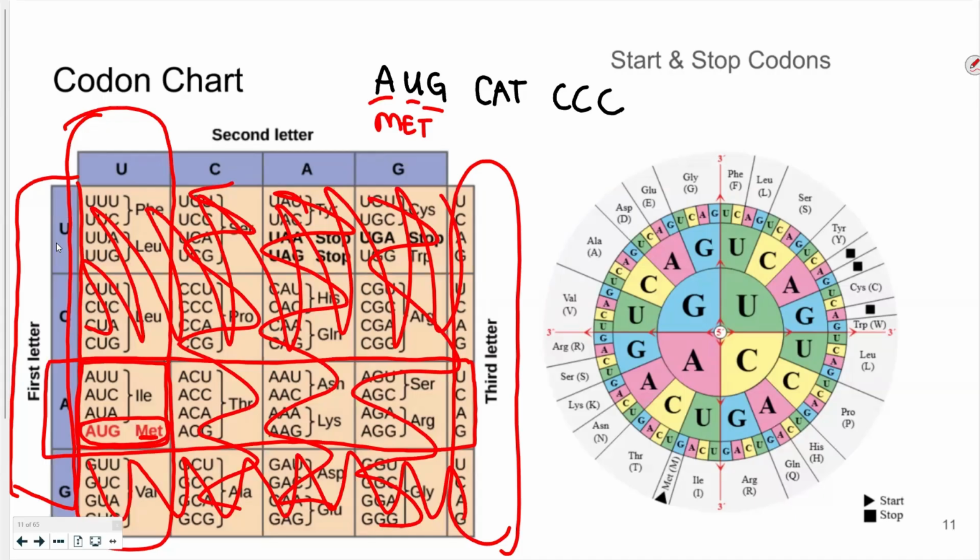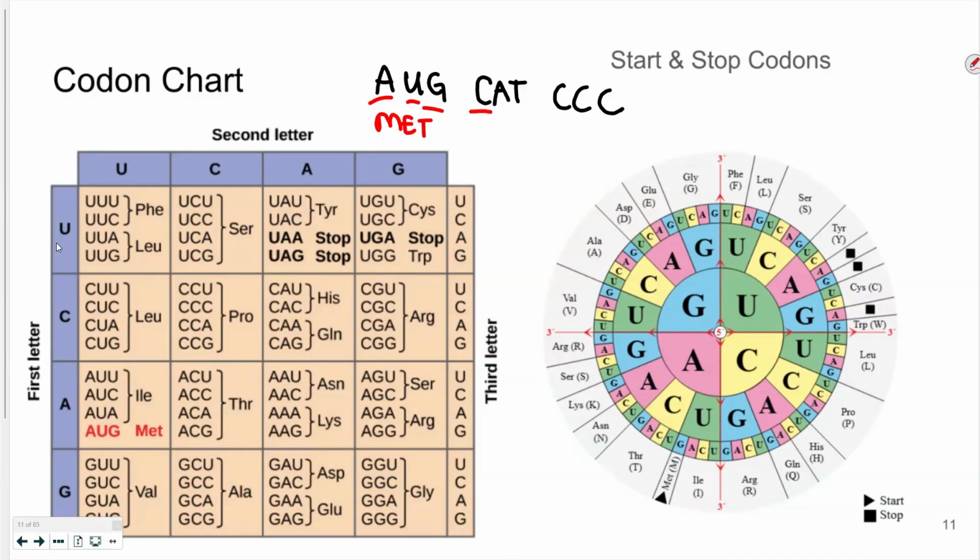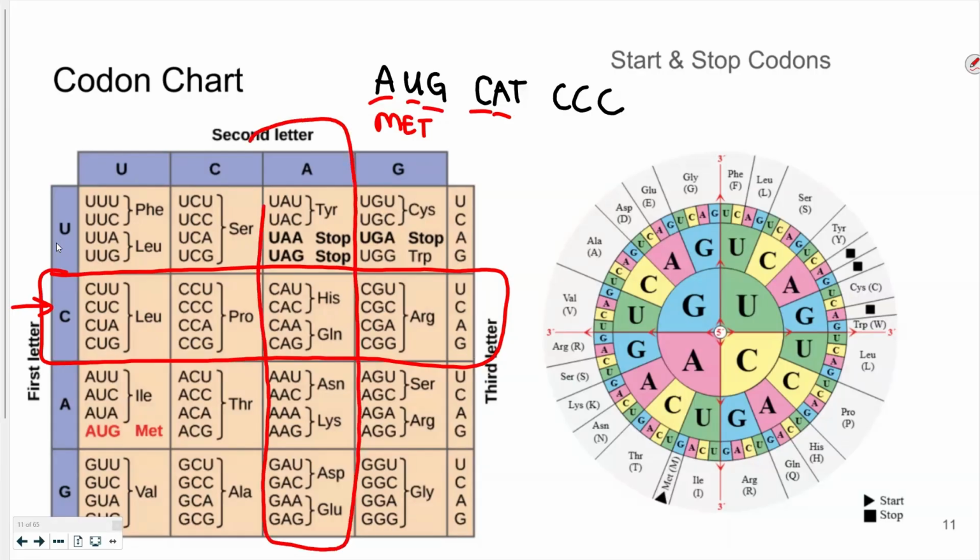But you guys don't have to remember all their names. First letter is C. So we're going to look at this C row here. Our next column is A. We're going to look at this A column. That means that we're honing in on this box. So let me erase all this so we don't get distracted.